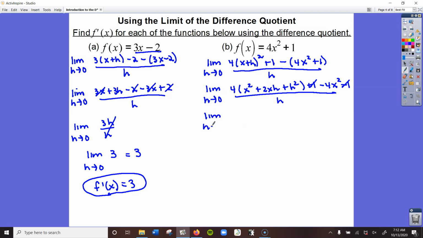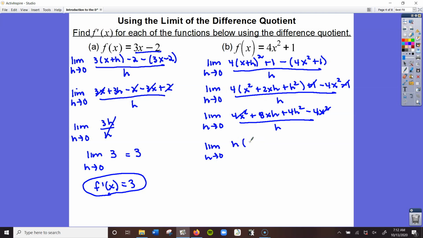So we have the limit as h is approaching 0 of 4x squared plus 8xh plus 4h squared minus 4x squared, all over h. And again, these x squareds cancel. I can see in the numerator all that's left is 8xh plus 4h squared. So at this point, I can go ahead and factor out that h.